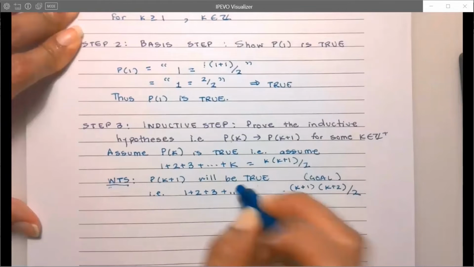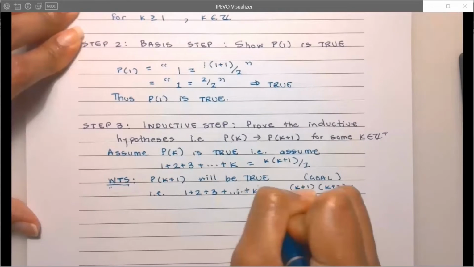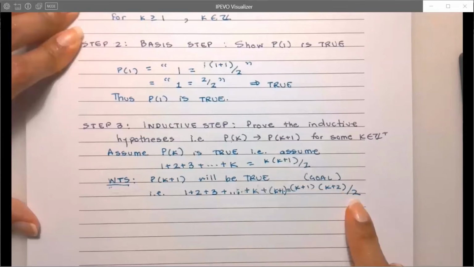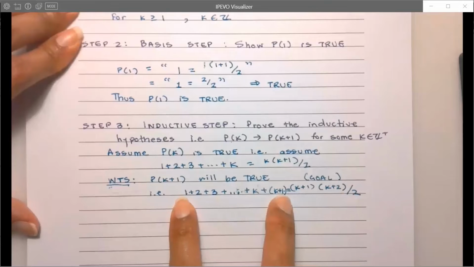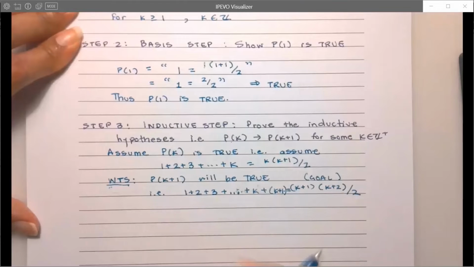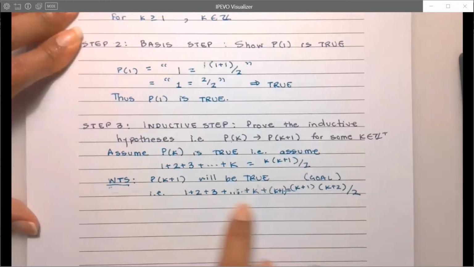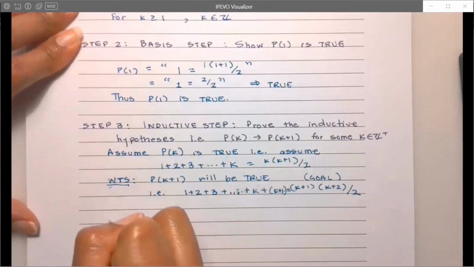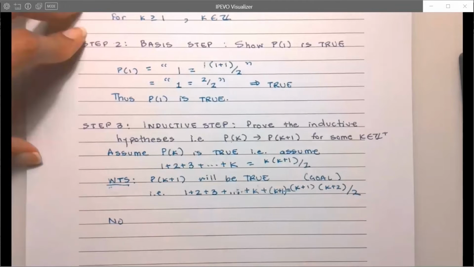We would be having 1 plus 2 plus 3 plus all the way down to k plus 1 equals this here, because this is the sum of the first k plus 1 integers. So in order to make this left-hand side look like this left-hand side, I'm missing one term. Okay, so I'm going to add that term to the left-hand side of P of k.